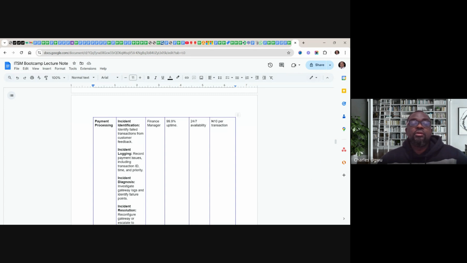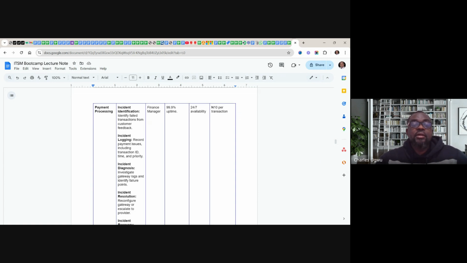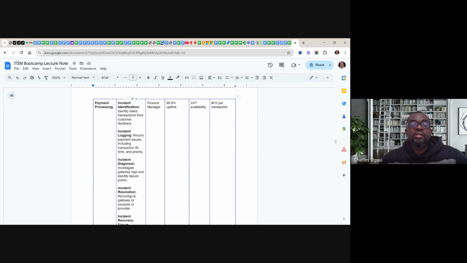So this process, we log it in our incident tool like Hello ITSM, logging the transaction detail, time, and priority, and then we do an investigation. That is diagnosis: investigate the gateway log and identify failure points.